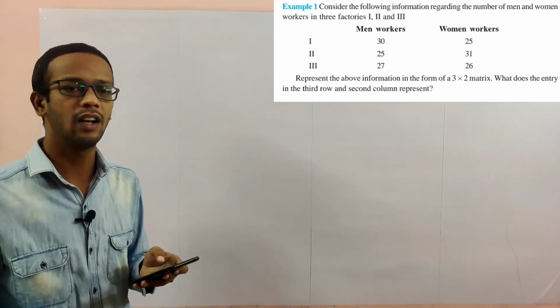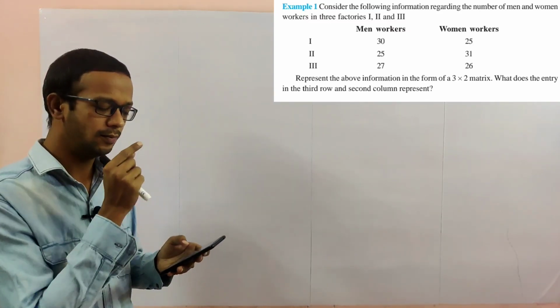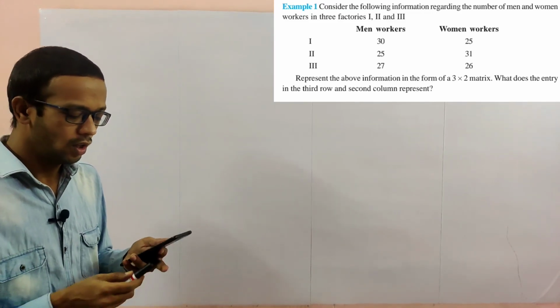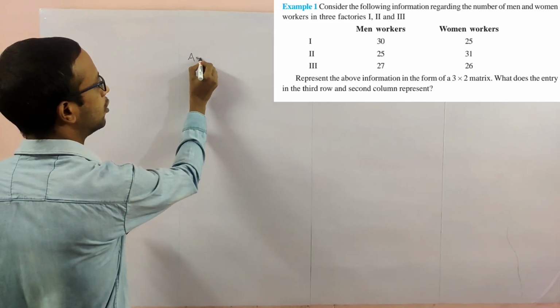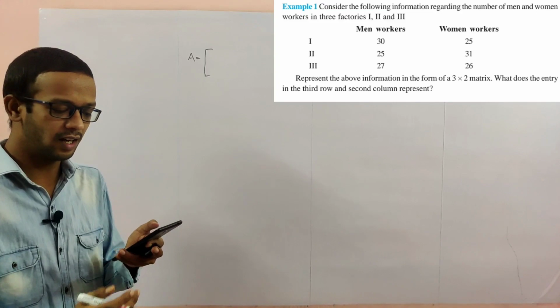So what is given? Men workers, women workers, and factory 1, factory 2, factory 3. Just represent it as a matrix. Naming it as a, solution. What are the men's numbers?